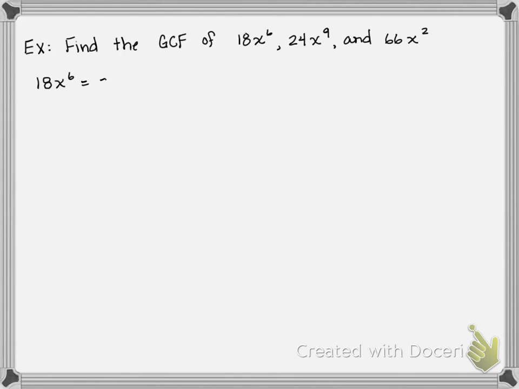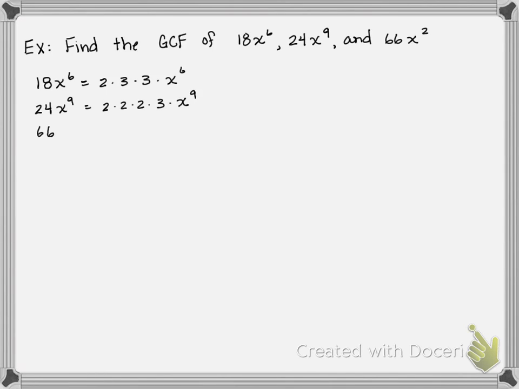So I have 2 times 3 times 3 times x to the 6th. And then 24x to the 9th. That's 2 times 2 times 2 times 3 times x to the 9th.